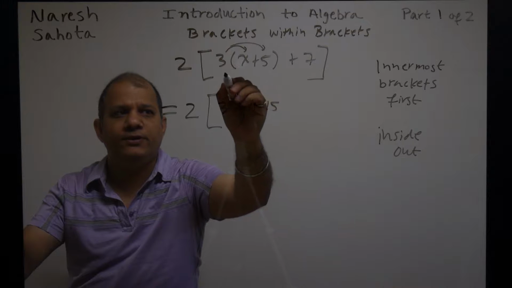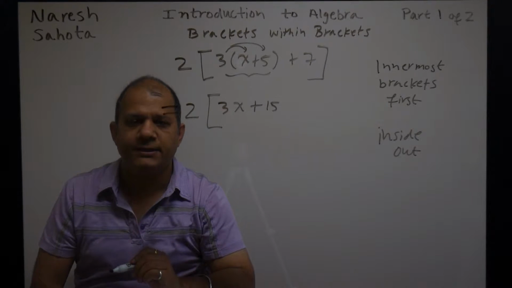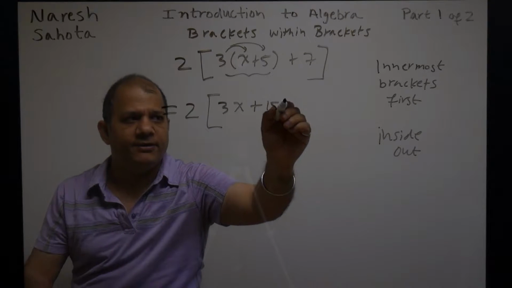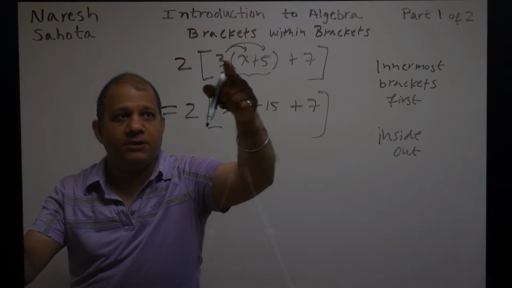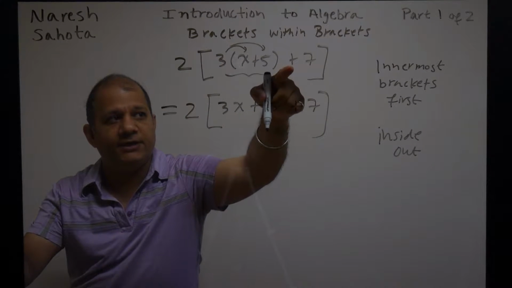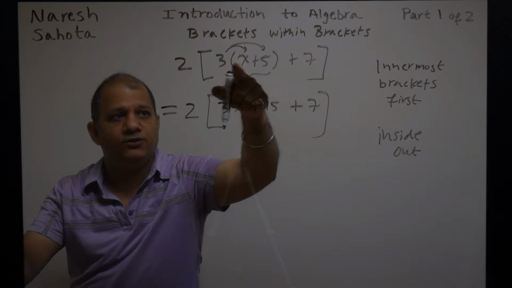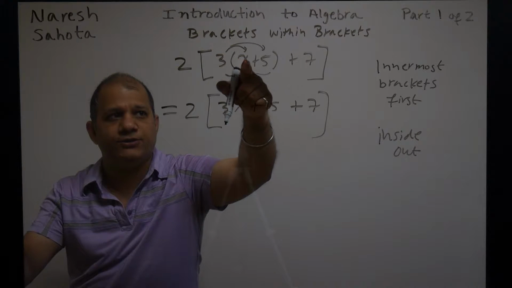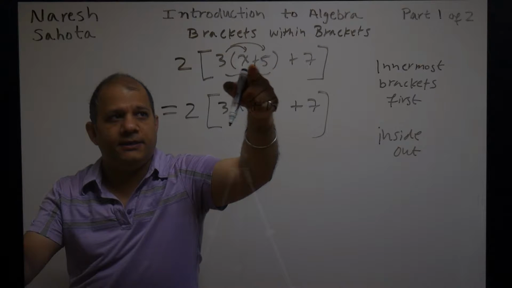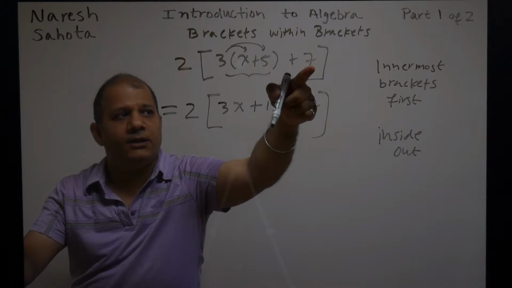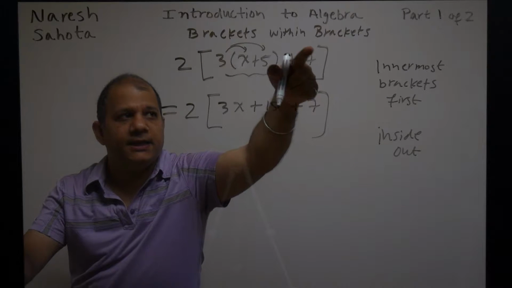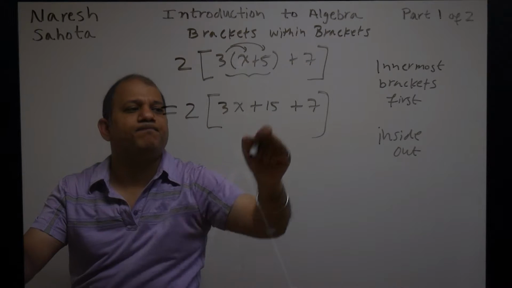So we've removed this bracket, the inner bracket. Now copy the 7, so that's plus 7. Notice this 7 does not get multiplied by 3 because we have an addition right here. The multiple of 3 applies to the terms in these parentheses, to the x and the 5, but not to the 7. 7 is an independent term.